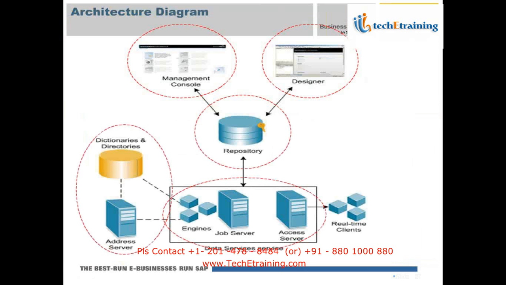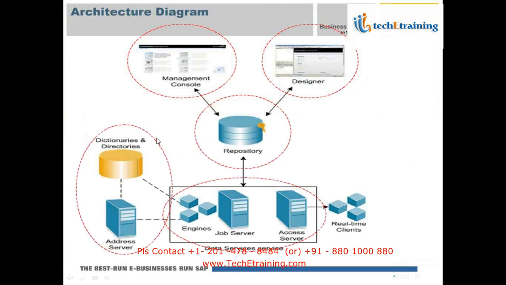Now, going a little further, one of the most important topics of our session today is understanding the architecture of data services. The data services architecture consists of the repository, which is the central component, and it is surrounded by three major components: the data services service, the management console, and the designer. The data services service, we call it in short the job server.